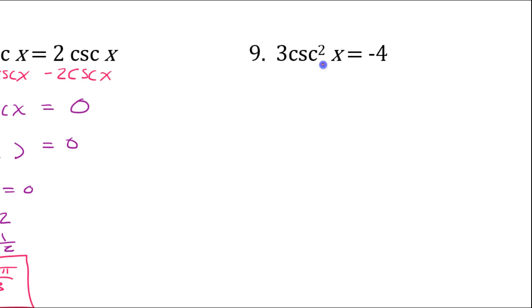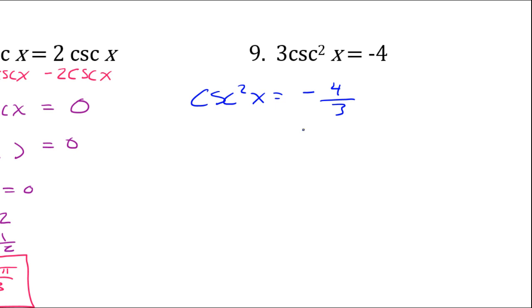Alright, cosecant. Let's just go ahead and get cosecant by itself. So if I divide both sides by 3, that is going to give me cosecant squared x is equal to negative 4 over 3.